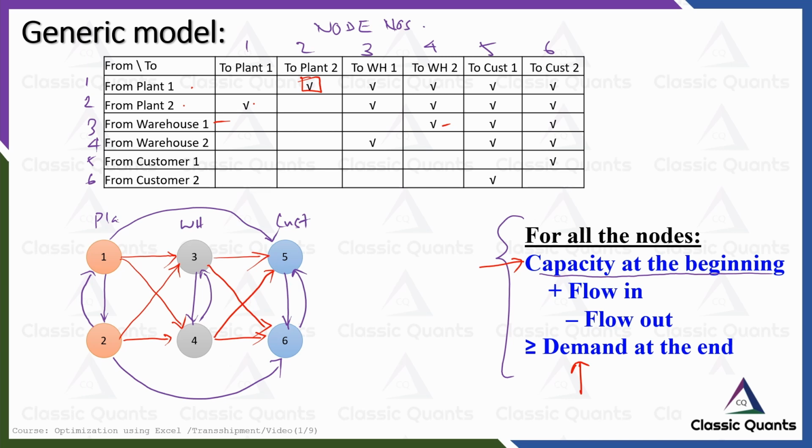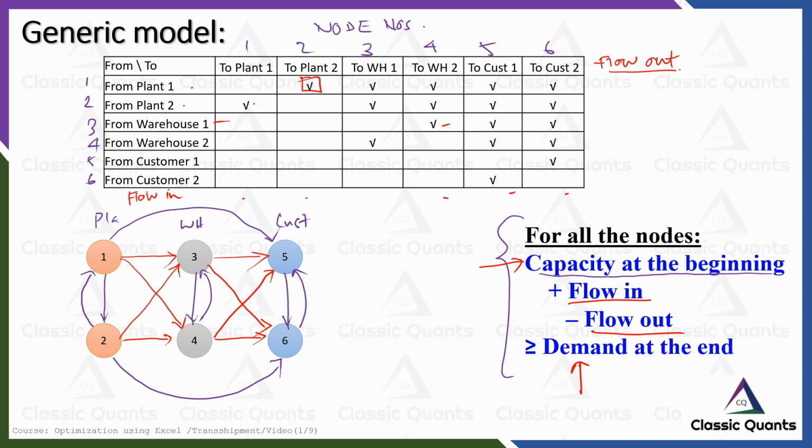These are given information. What is not given is the flow in and flow out. So how to calculate flow in and flow out? If you do the sum in this table horizontally, this becomes your flow out. And if you do it vertically, this becomes your flow in.